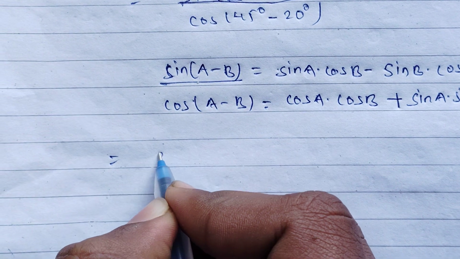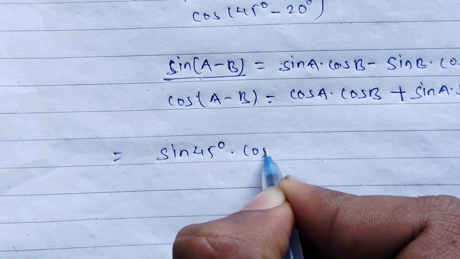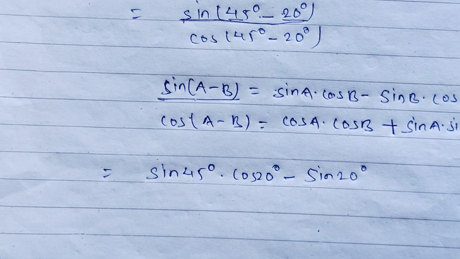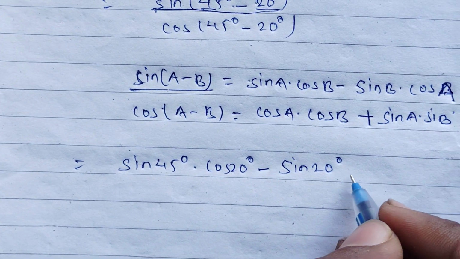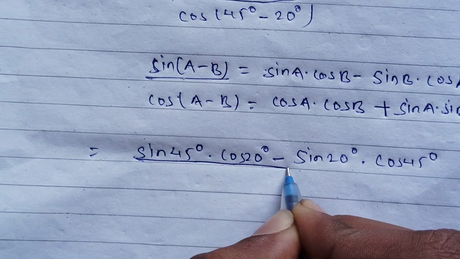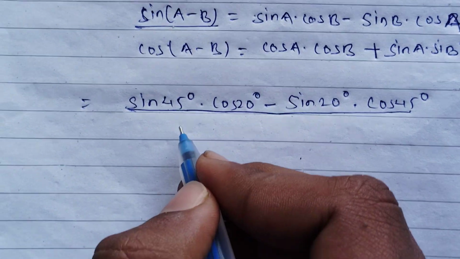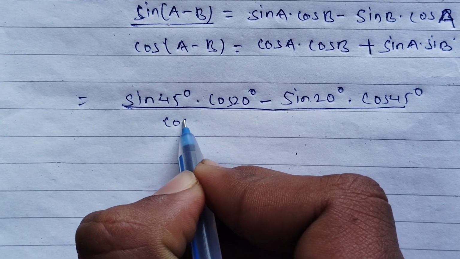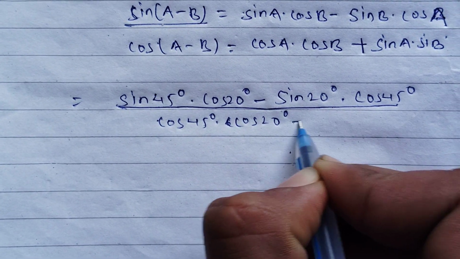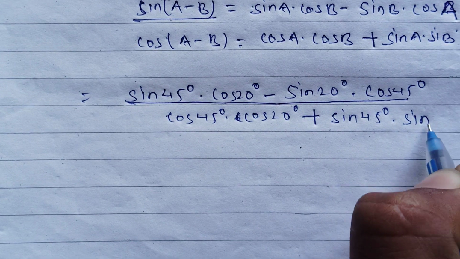Then what will be the result? Sine 45 into cos 20 degrees minus sine 20 degrees into cos 45 degrees, divided by, because the question is given in the form of a division, cos 45 degrees into cos 20 degrees plus sine 45 degrees into sine 20 degrees.